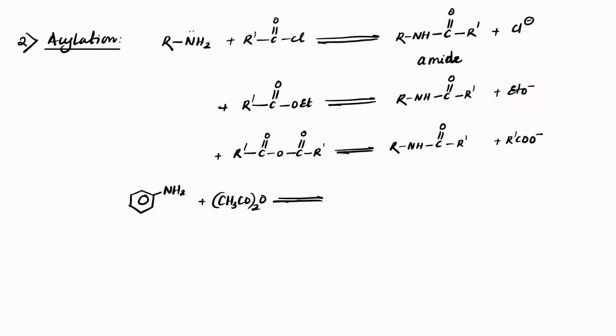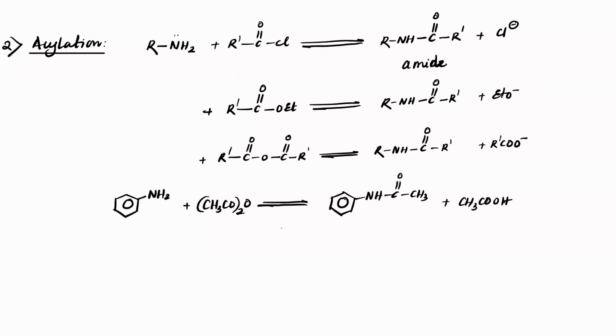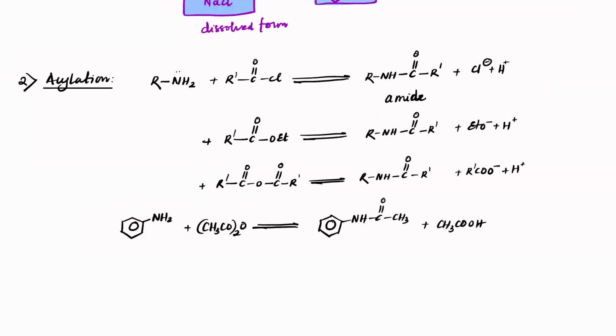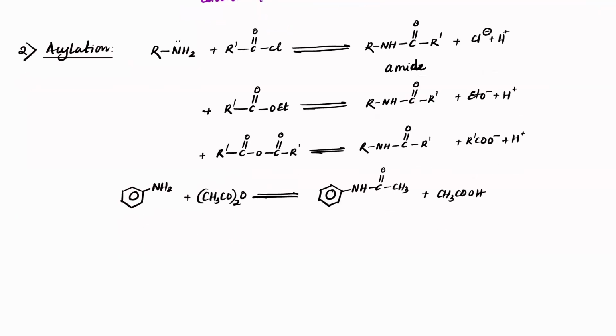That will react easily to give NH-C(=O)-CH3, and here you will get CH3COOH. Here, in fact, there is H plus also, I'm just not writing it. So this is acetylation. Got it?